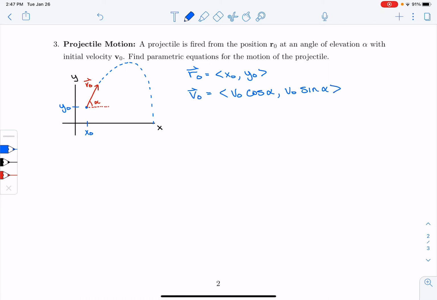And then finally, we have acceleration. The only acceleration for this projectile motion is the acceleration due to gravity. So there is no acceleration in the horizontal direction, but in the vertical direction, we have the acceleration minus g, where g is the gravitational constant.